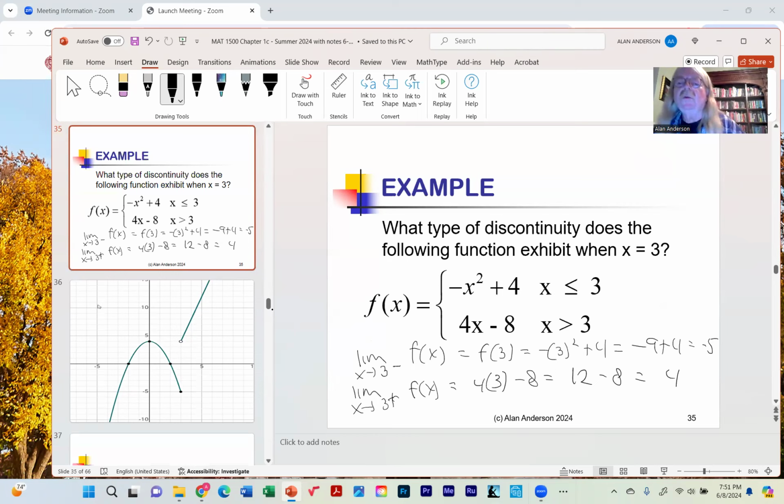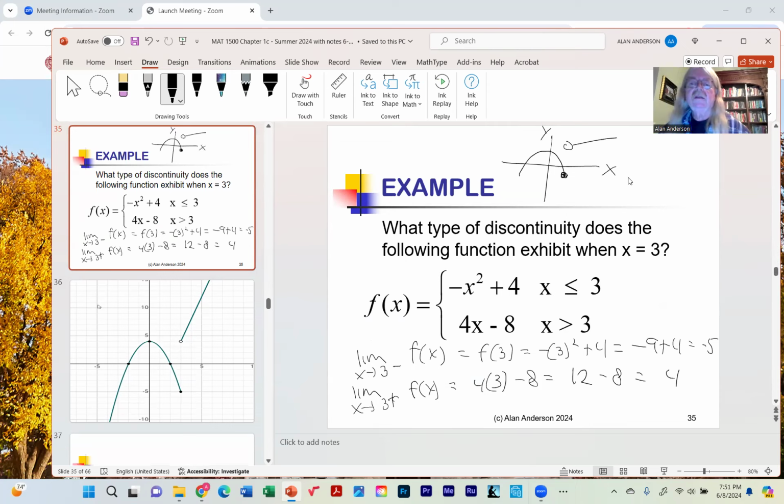So that's the one where we have two different values. Yeah, actually, the top one is a parabola that faces down, so you may have something like this. This is a straight line, so it should look something like this.